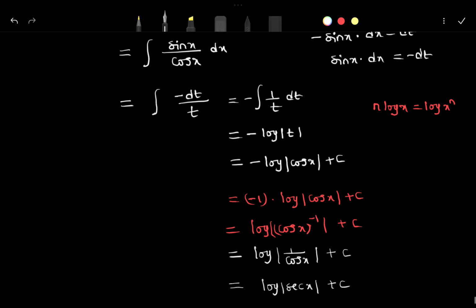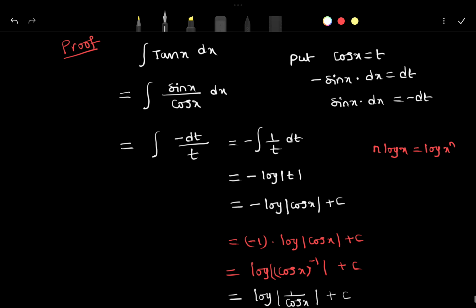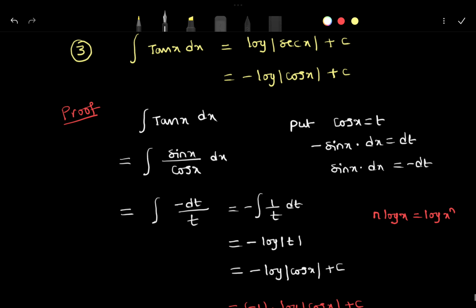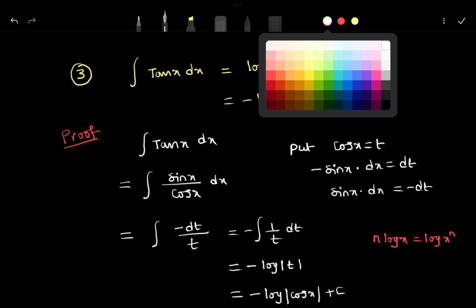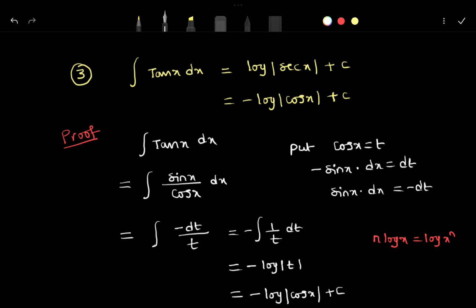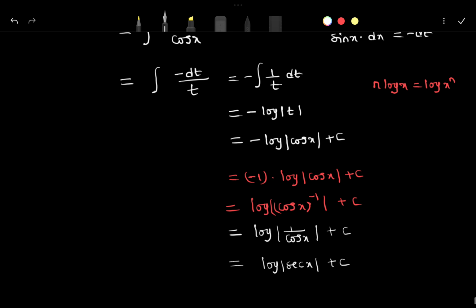So ultimately, the integration of tan x dx will be log of secant x plus c, or minus log of cos x. You can use either while doing integration problems wherever you require the integration of tan x. I hope everyone is clear on this.